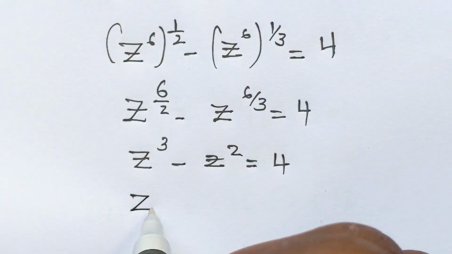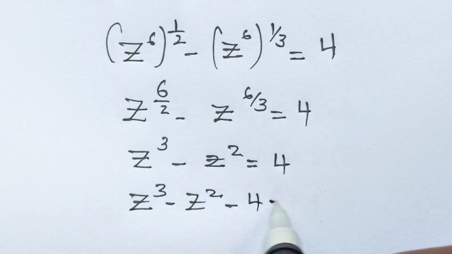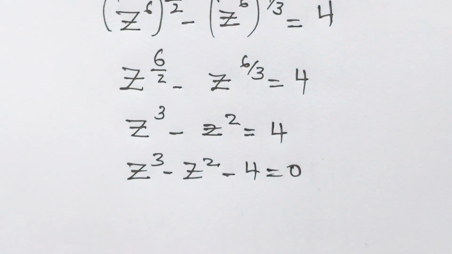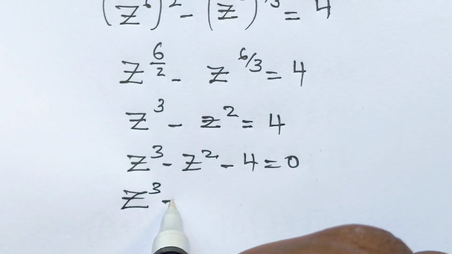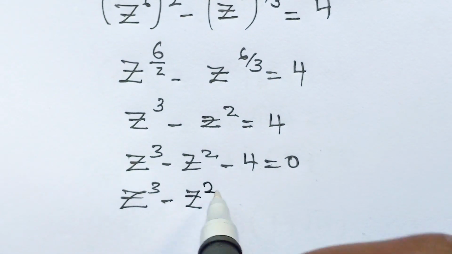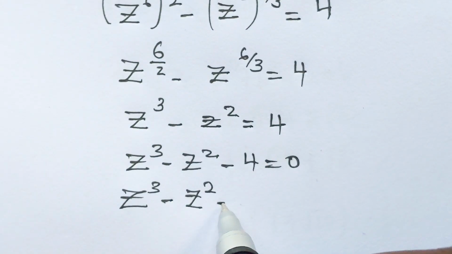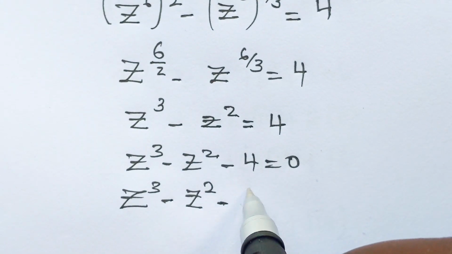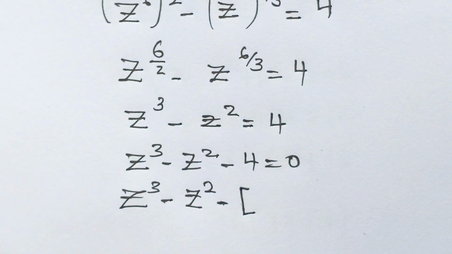At this stage we have z cubed minus z squared minus 4 equals 0. And this negative 4 we have right here can be written as what?